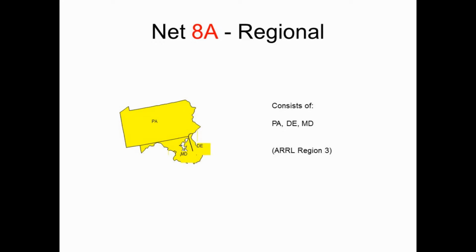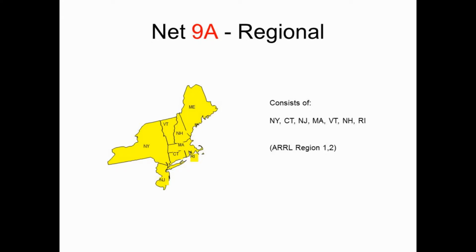The 8 Alpha regional net consists of Pennsylvania, Delaware, and Maryland. It corresponds to ARRL Region 3. The 9 Alpha regional net consists of New York, Connecticut, New Jersey, Massachusetts, Vermont, New Hampshire, Rhode Island, and Maine. It corresponds to ARRL Regions 1 and 2.